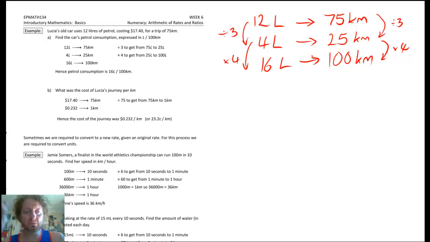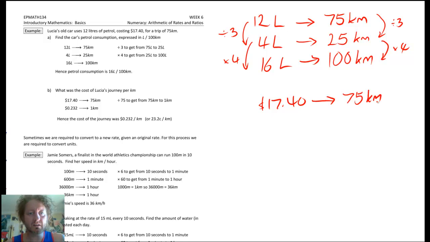B was what's the cost of Lucia's journey per kilometre, so it's only talking about cost in kilometres. The cost it told me was $17.40, and the kilometres associated with that was 75 kilometres. I want to know the cost of Lucia's journey per kilometre, as in I want to know per, that means per 1 kilometre.